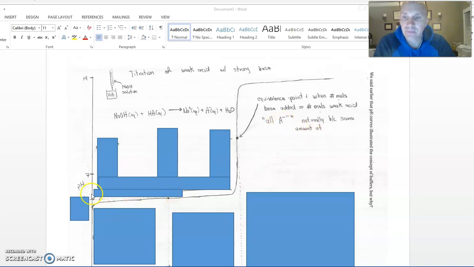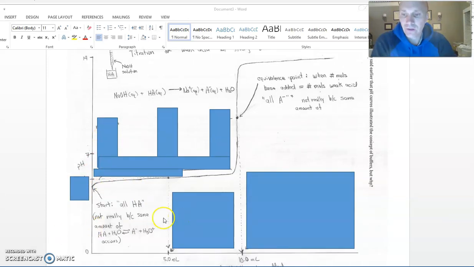All right, we can compare that to what you would have at the start. At the start, you would have, quote, all HA, and that's not really true, because you have some amount of this reaction going on. Let's pretend that you added HA to water. This can act as a weak acid with water, creating a small amount of A minus.